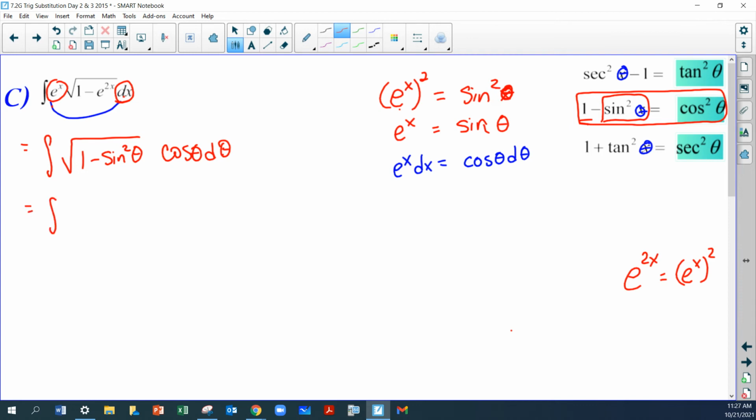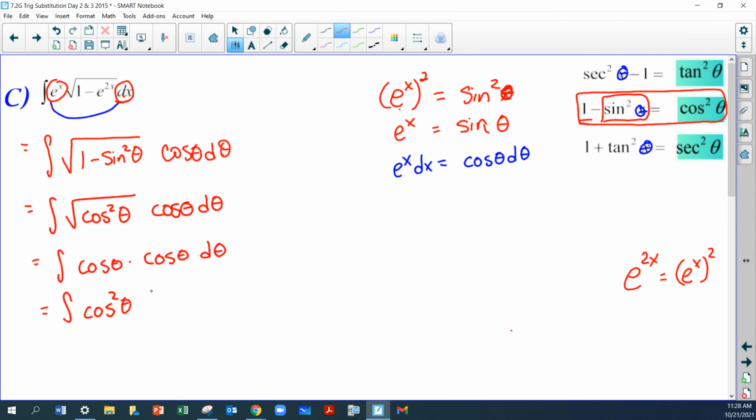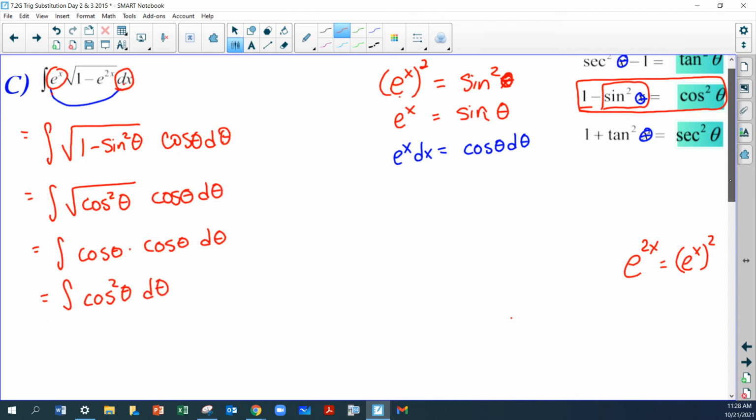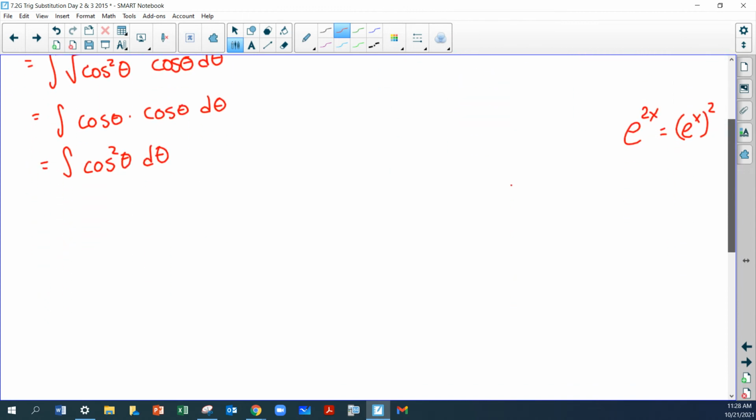Now, 1 minus sine squared is cosine squared. And we have a cosine theta outside it. That makes this cosine theta times cosine theta d theta. Or we get a cosine squared theta d theta. Oh, good thing we studied how to integrate evens.